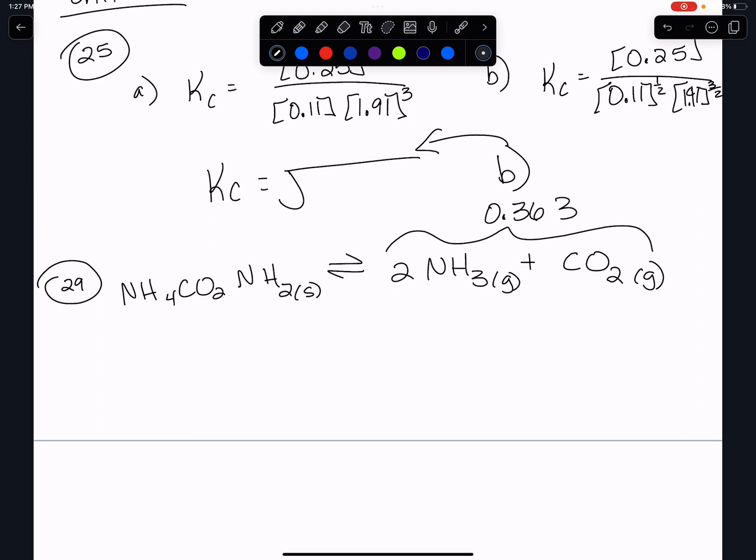So if the total pressure is 0.363, that means the sum of them. Total would be the sum of them. That means that the pressure of the CO2 is 0.121, and the pressure of the NH3 is 0.242. Those are atmospheres. Because, see, that would total to be 0.363, and I'm getting that from the coefficients.